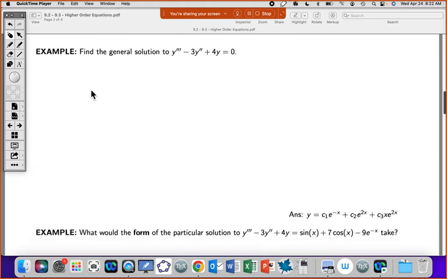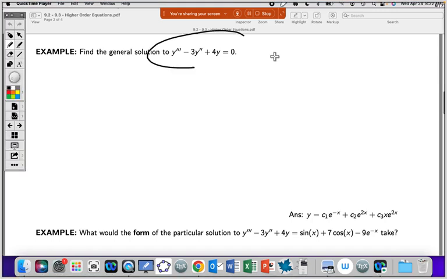So, how would we solve an equation like this? If we look at this equation, the highest order derivative in there is the third derivative. So it's a third order equation. And if I look at the coefficients, they are just constants. Okay?